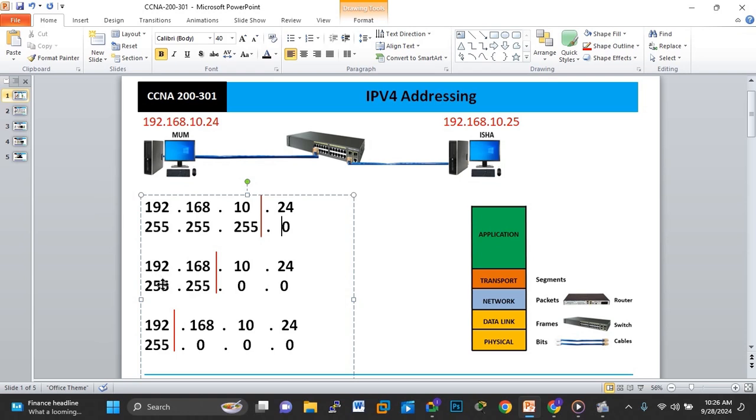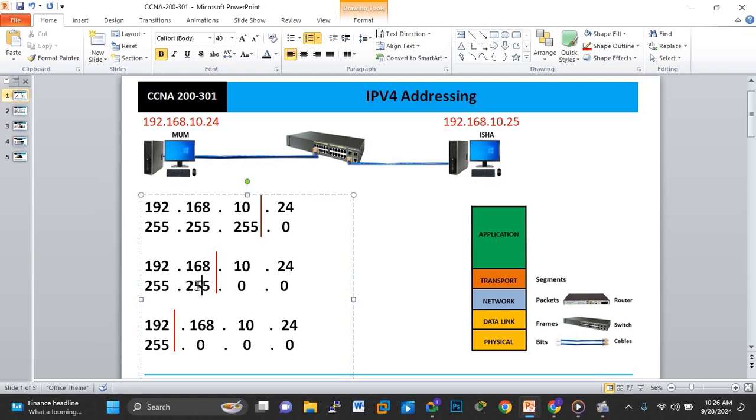Now, another example. You can see here 192.168.10.24. But the demarcation line has now moved from between 10 and 24 to between 168 and 10. If you check the subnet mask, it has now changed from three 255s to two: 255.255. When the subnet mask is 255, it tells us that this is the network.